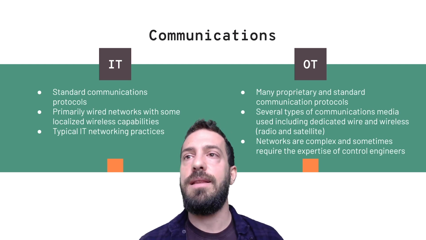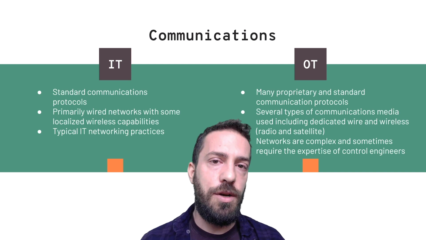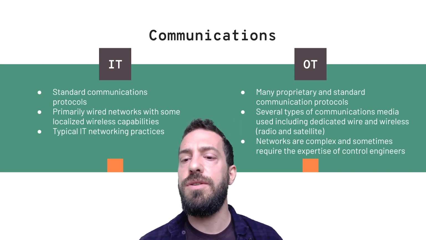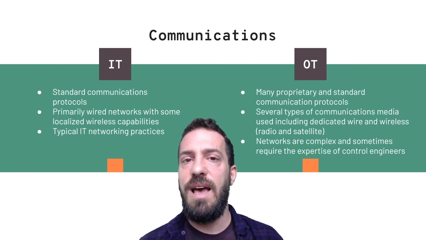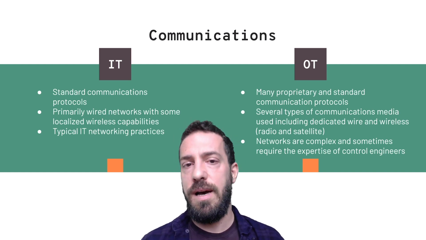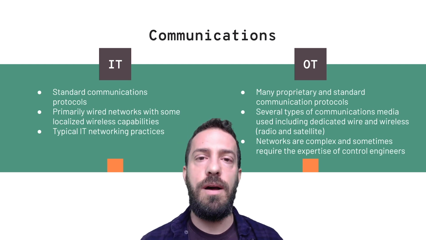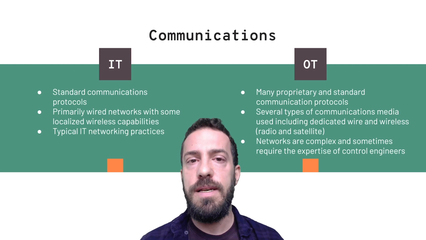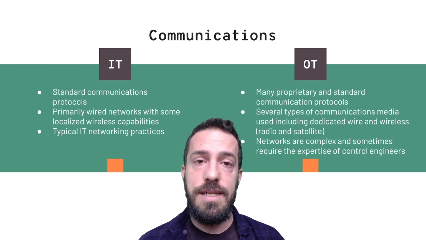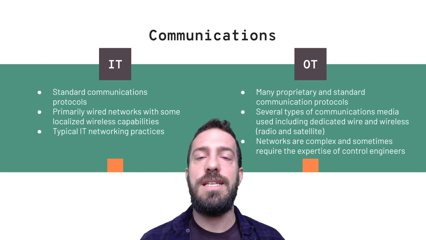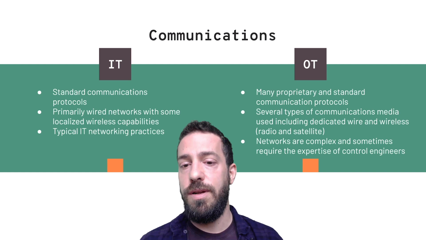In the OT side, the internet may or may not be used, and when we talk about telemetry and distance communication, you have several types of communication media, from dedicated wire, your own cables, underground or overground cables to connect to your field station, or you may have wireless, like radio frequencies or satellite. So all these things introduce their own complexity and their own security challenges.